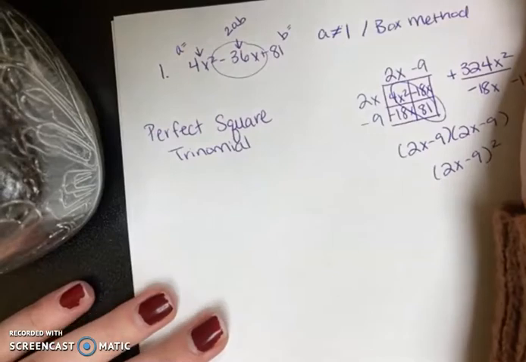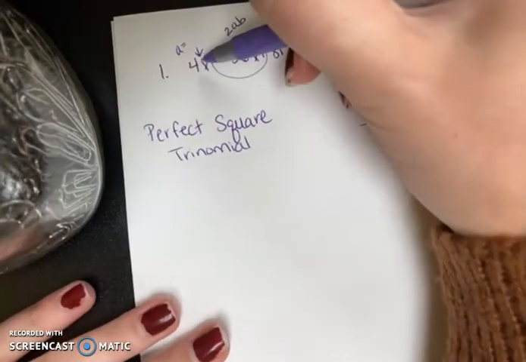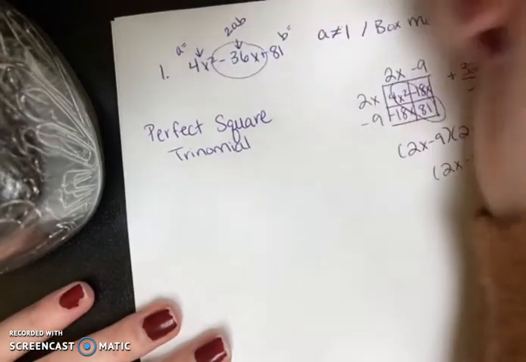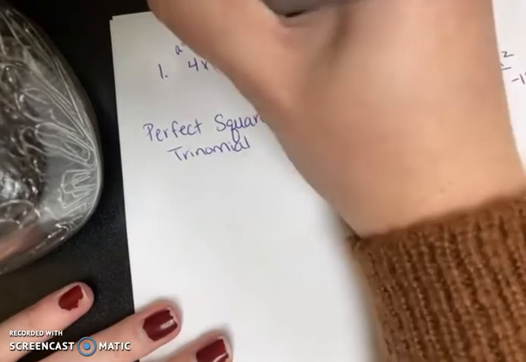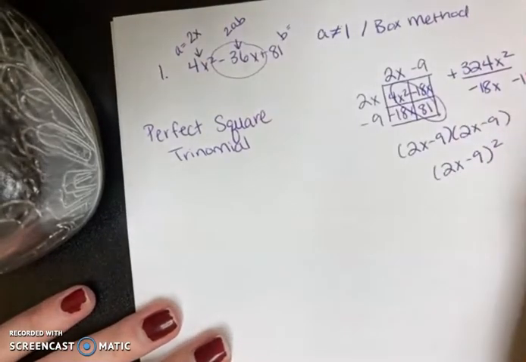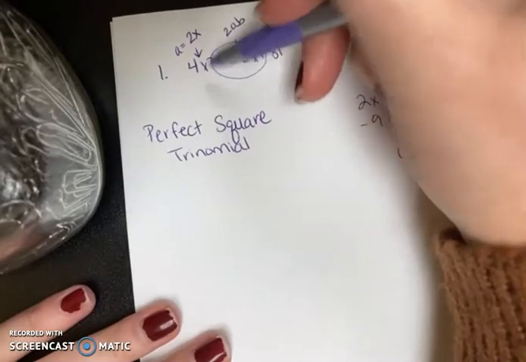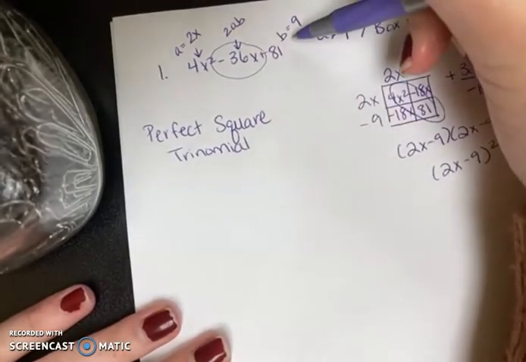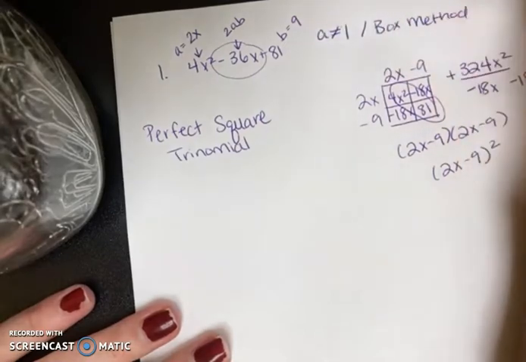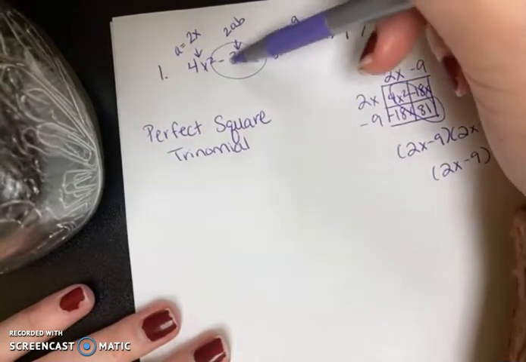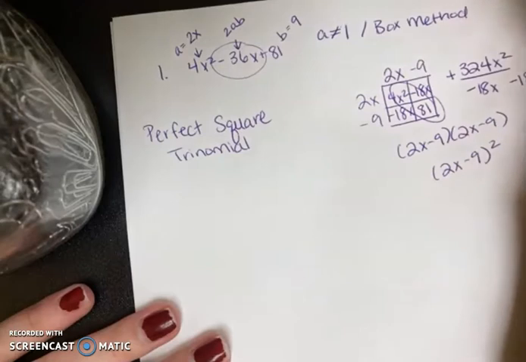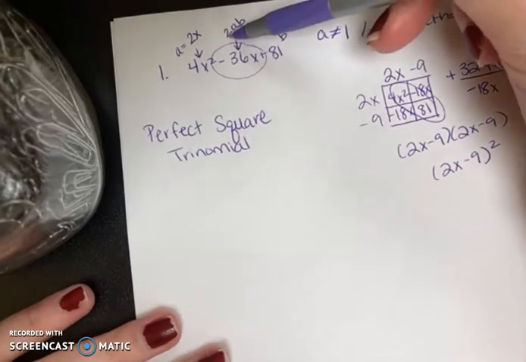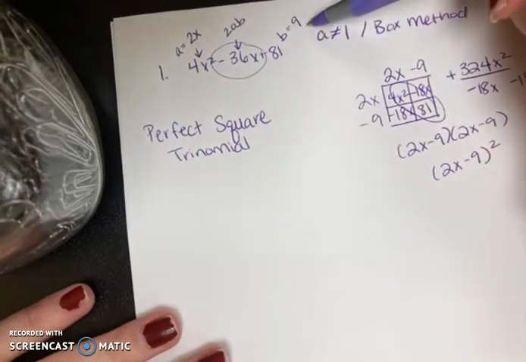So if I take a look at number 1, 4x squared is a perfect square of 2x, because 2 squared gives me 4, x squared gives me x squared. And then 9 squared would give me that 81. And then the 36x could be achieved by multiplying 2 times 2x times 9.